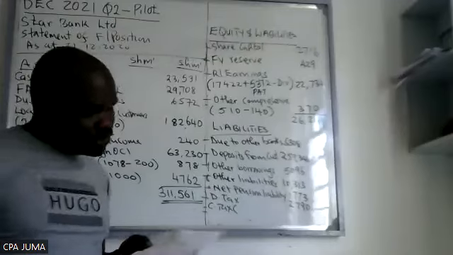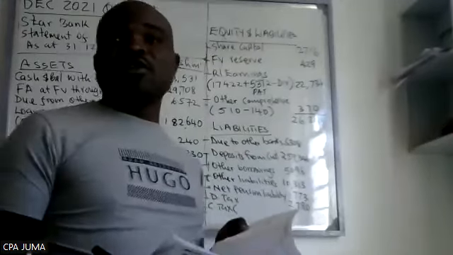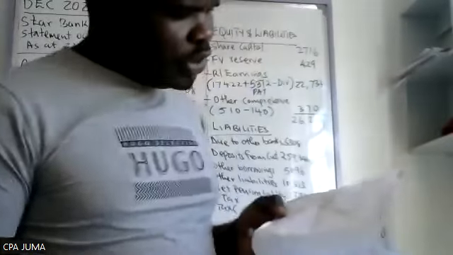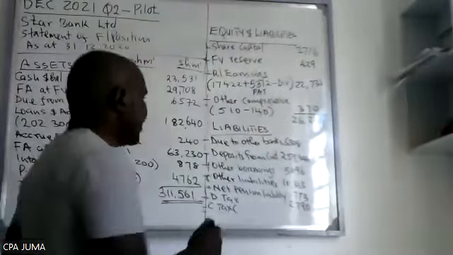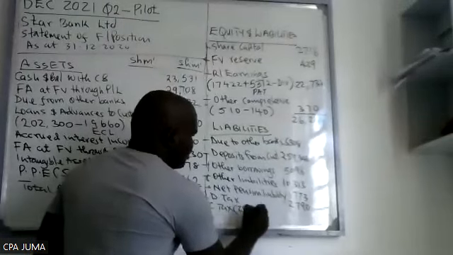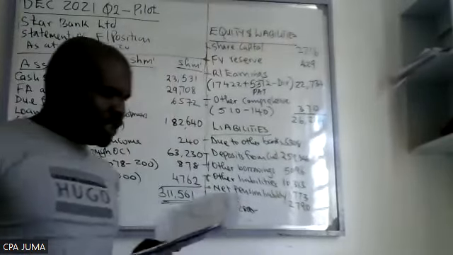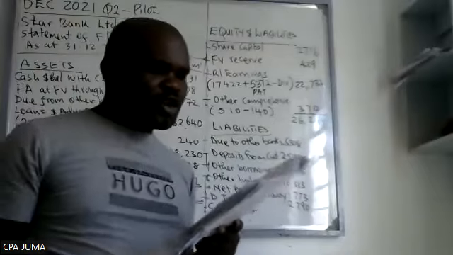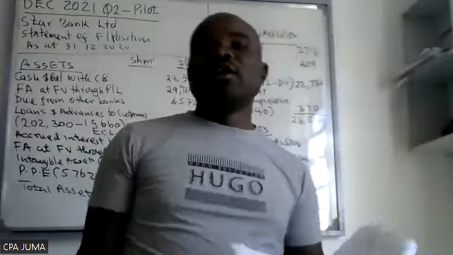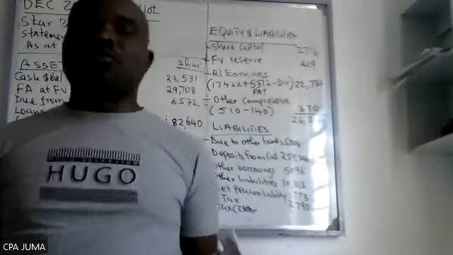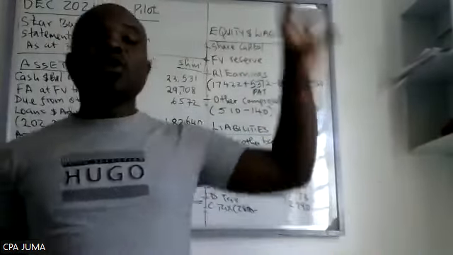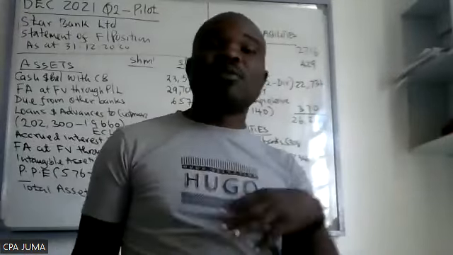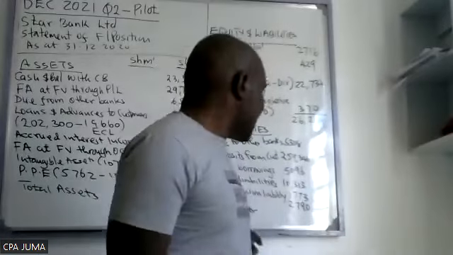Current tax. Check note 6. Note 6, current tax was 28. However, Mr. Examiner said in the schedule, kuna mali number 4 from top. 1, 2, 3, 4. Installment tax paid. Once you pay, it ceases to be a liability. So you subtract. But in the P&L, you recognize the whole amount. You know, accounting is based on accruals. Accruals means you recognize whether paid or not. So the total was 28.